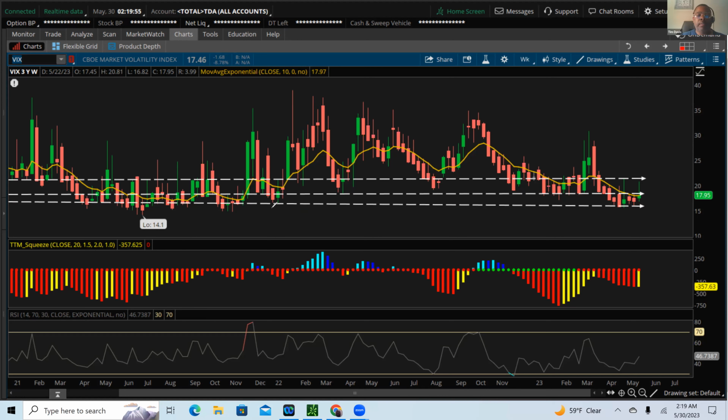Back around November, December, January of 2021 to 2022, you see where the VIX started to base right below that $19 level, which is this line here, and started to find support. It went all the way back down towards 15, and then we started to see a move up in the VIX.